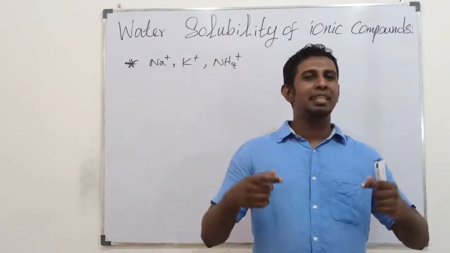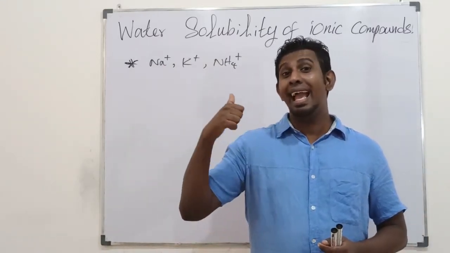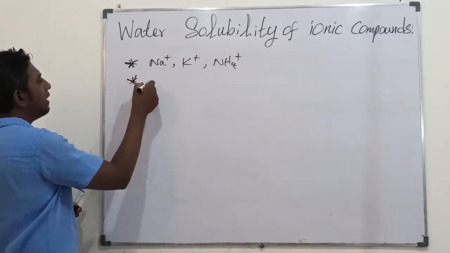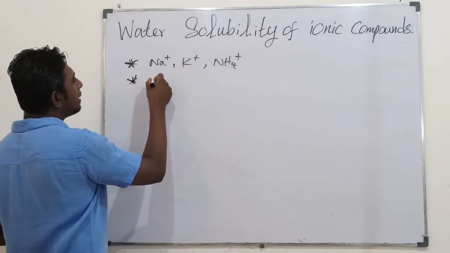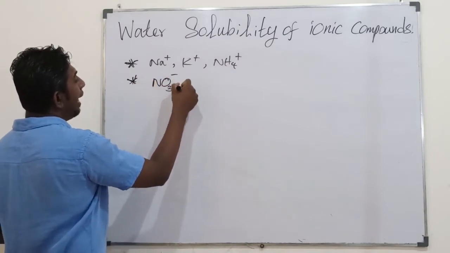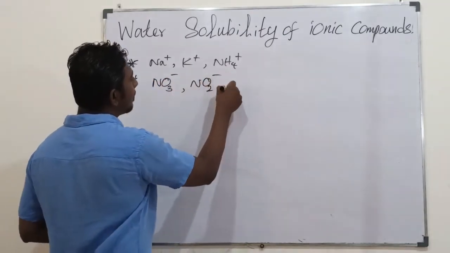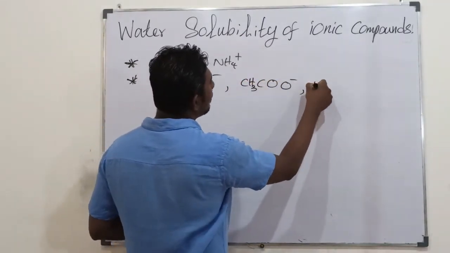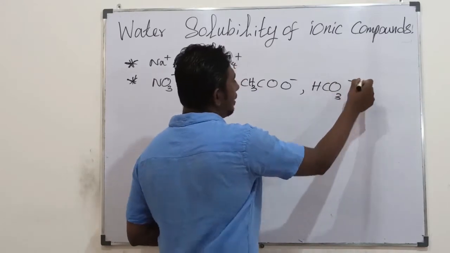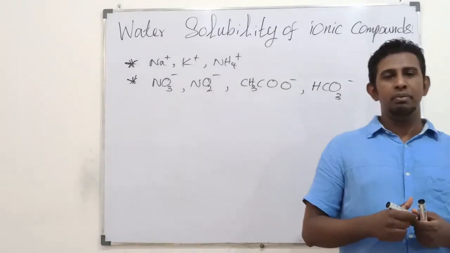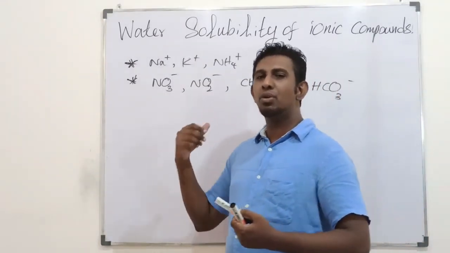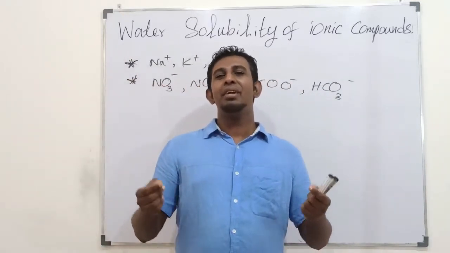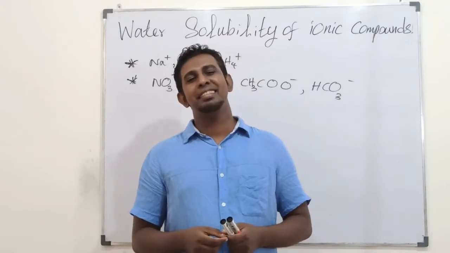Then let's check for a few lucky anions. Students, when you have these anions within the substance: nitrate, nitrite, acetate, as well as bicarbonate. When you have stable substances having those anions, they all are water soluble.